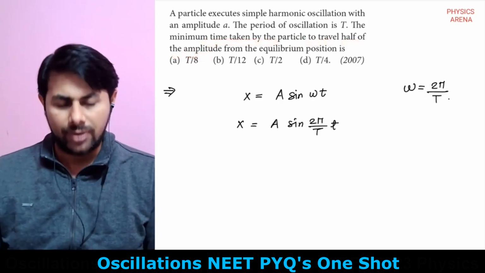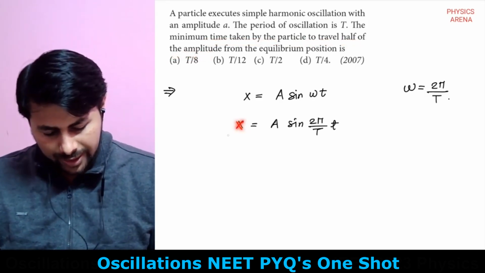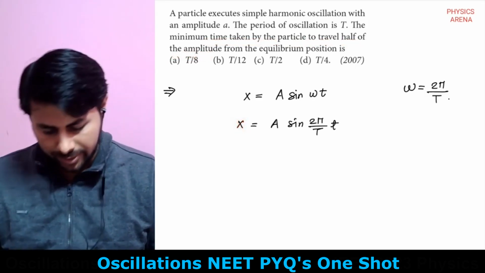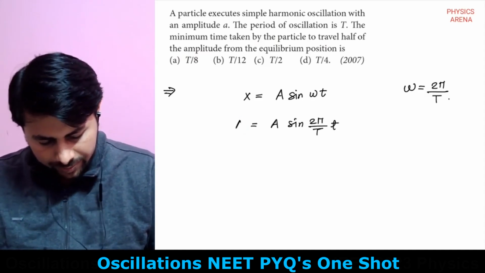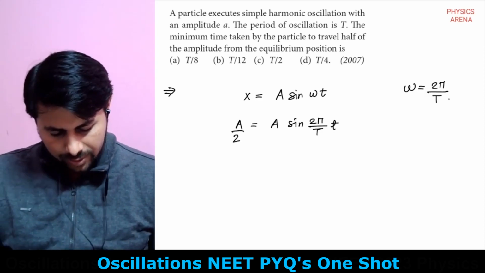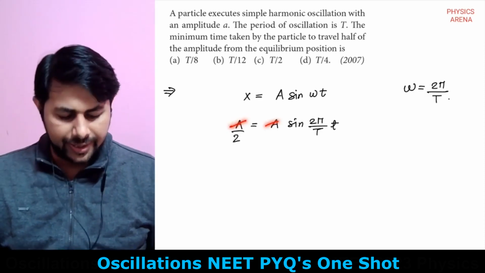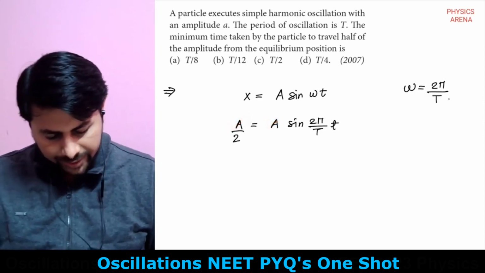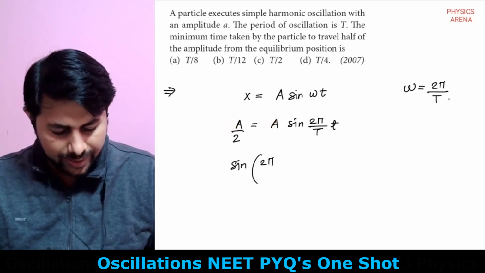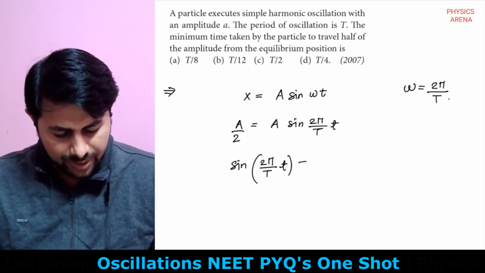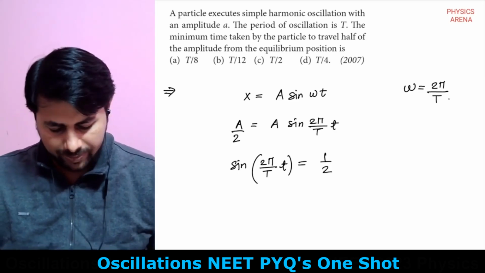So the distance is half of the amplitude, X is equal to A by 2. So A and A get cancelled. We get sine of 2 pi upon T times t is equal to half.